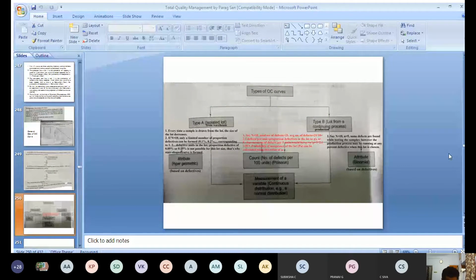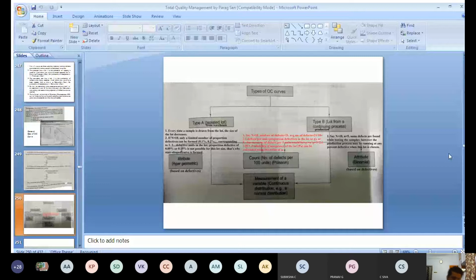But in case of type C curve, this is for defects per 100 items. It considers defects, not defectives, defects per 100 items.